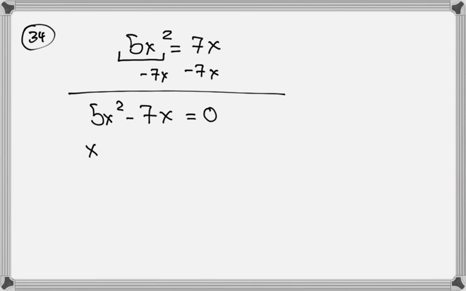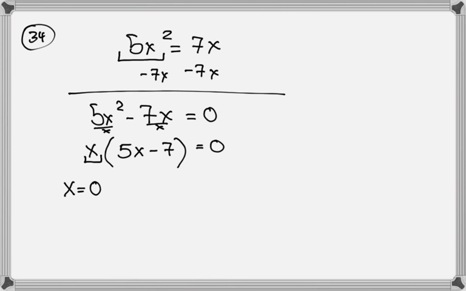Factor out an x, which leaves us with what? 5x minus 7. We divide by x. Now each factor needs to be set equal to 0, so your first factor is just x. x equals 0.